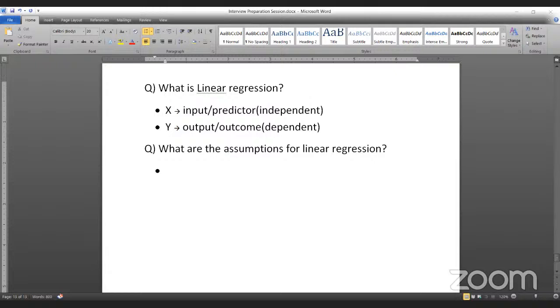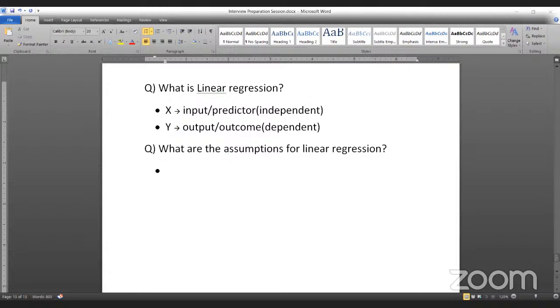No correlation between the errors is also known as autocorrelation. And I told you there is no correlation between the predictor variables.